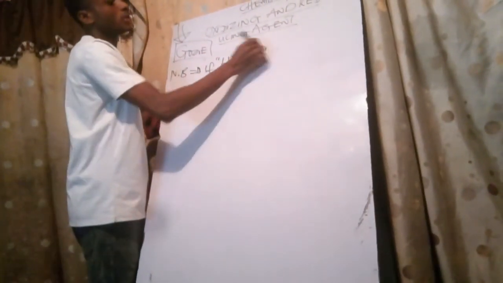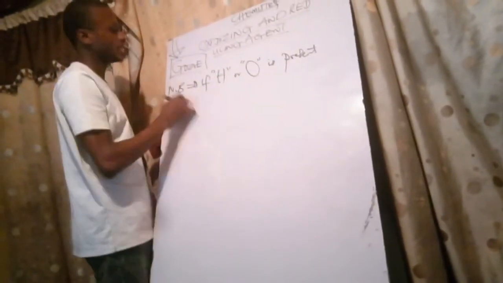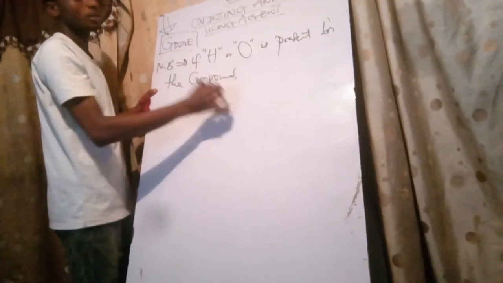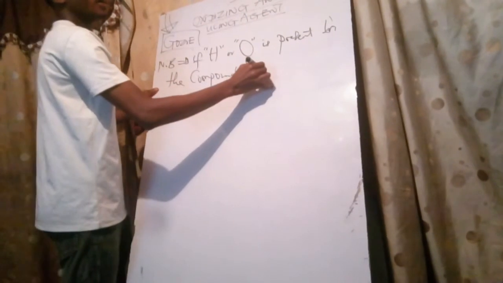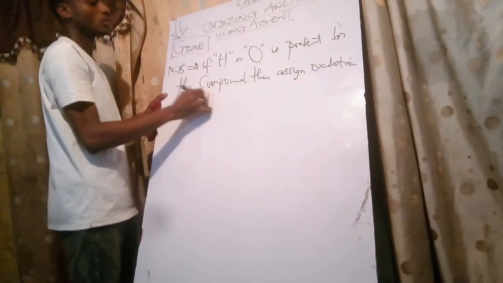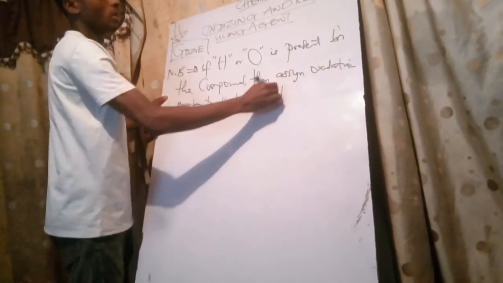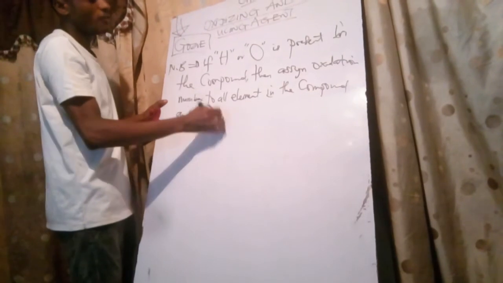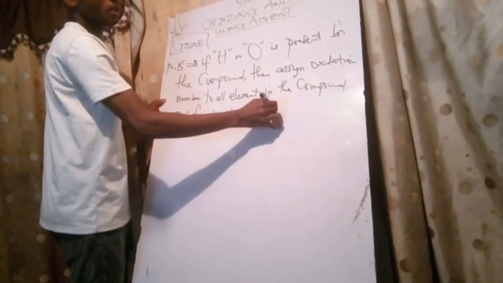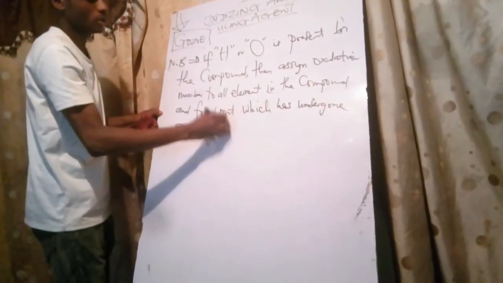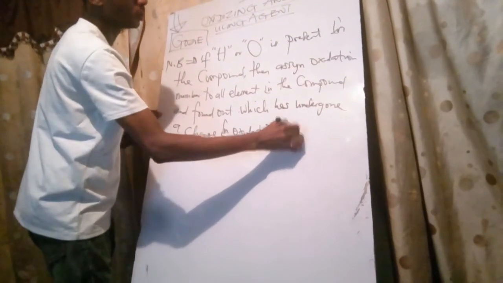Note, if hydrogen or oxygen is not present in the compound, then assign oxidation numbers to all elements in the compound and find out which has undergone a change in oxidation number.